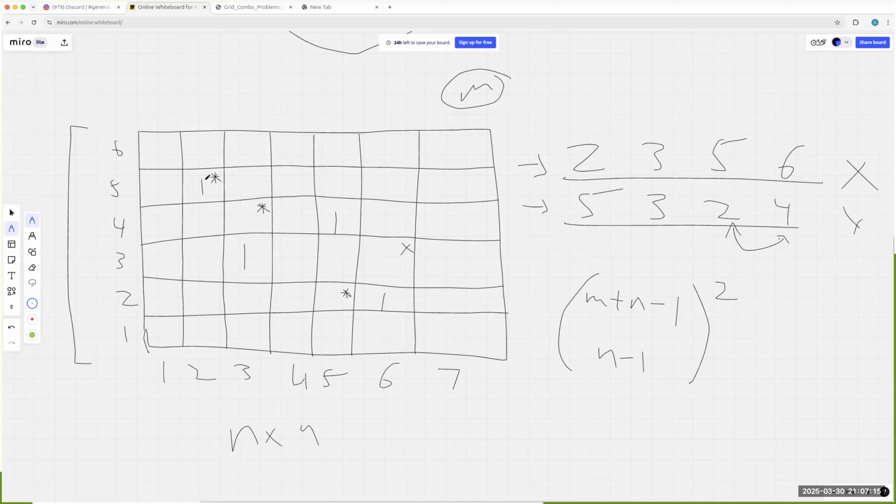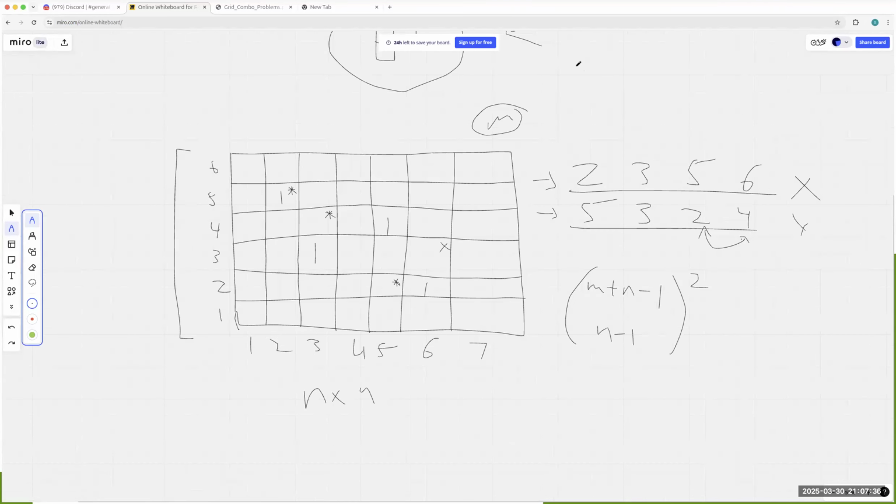So we want to get from these sticks, which are representing stones in the current placement, to where the stars are, right? And it's pretty easy to check that the multisets are the same. But what you can notice is that if we look at the x and y coordinates of the desired positions, the x coordinates are going to be 2, 3, 5, 6, and the corresponding y coordinates will be 5, 4, 2, 3, right?